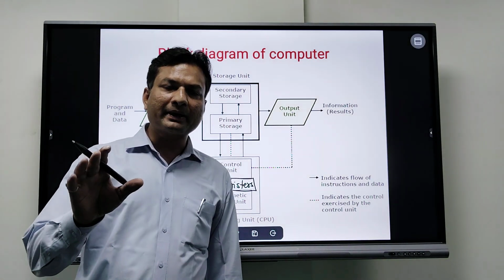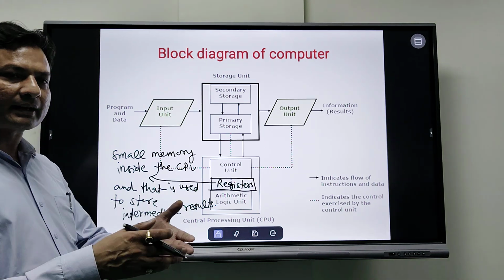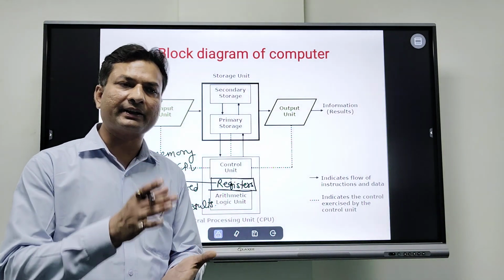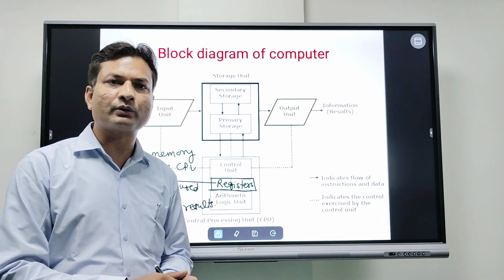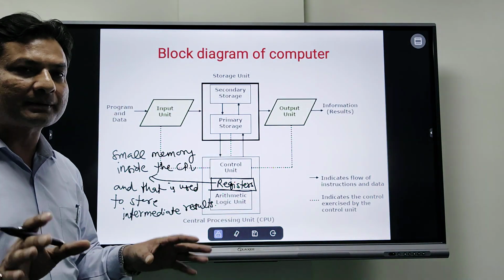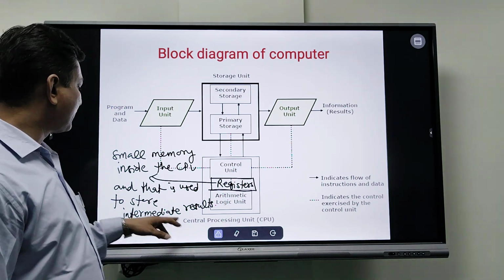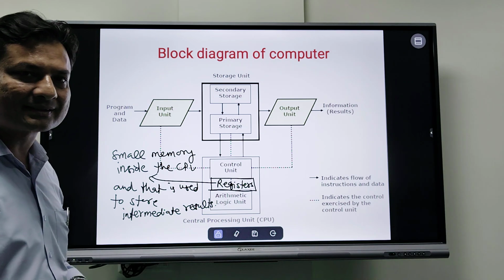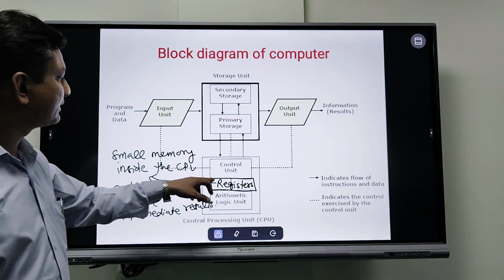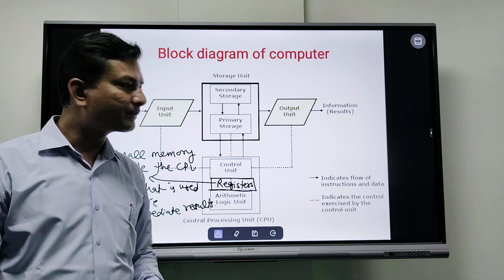Now many of you may get confused. Earlier I told you that intermediate results, final result, or initial value that is inputted to the computer, all the three types of data is stored inside storage unit. But now I am saying that registers is also a small memory inside the CPU, used to store intermediate result.